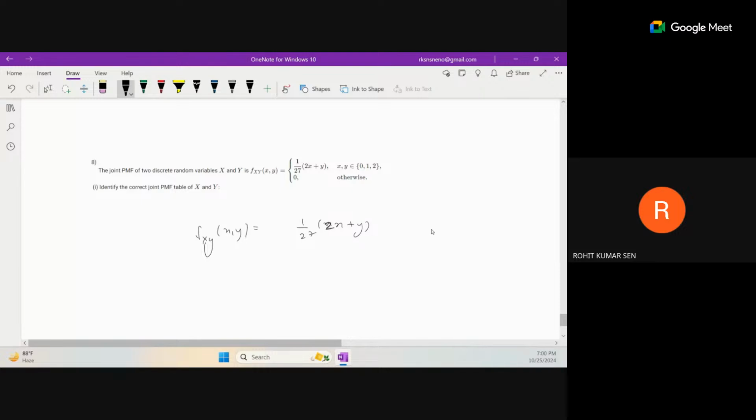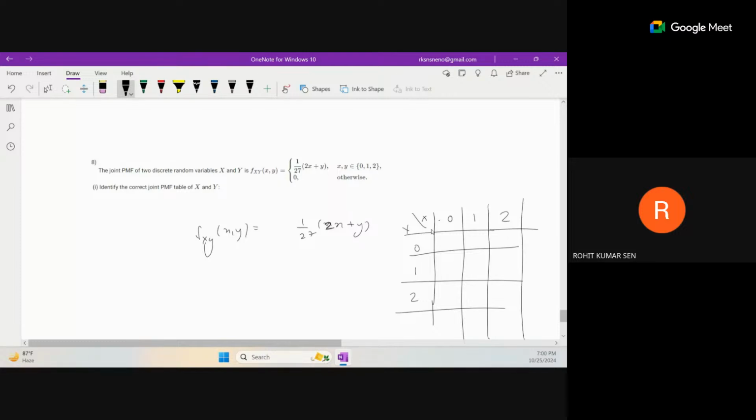What you need to find is the joint PMF. Joint PMF means what? What are my possible values of x? 0, 1, 2. What are my possible values of y? 0, 1, 2. And you just need to find these values. How will you find these values?